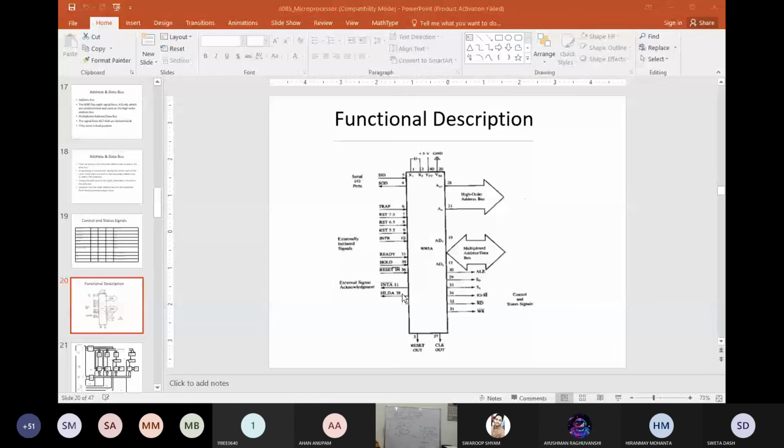Now the address lines are how many? Total number is 16, isn't it? Yes or not? Okay, now let me explain what an address is.